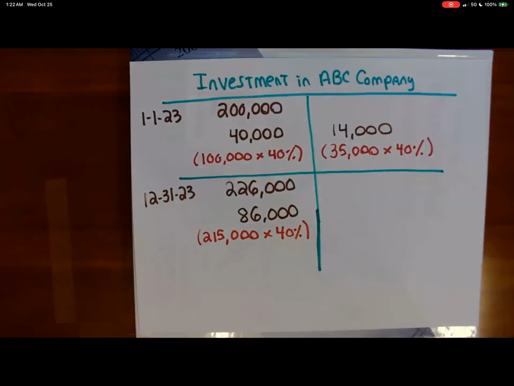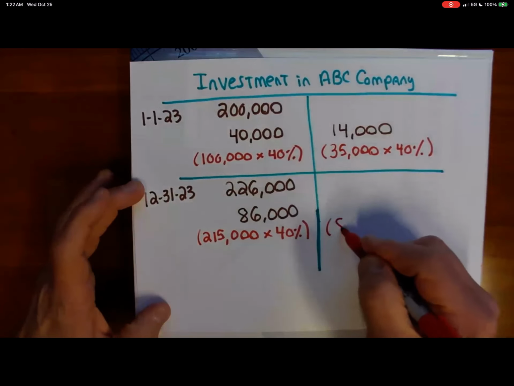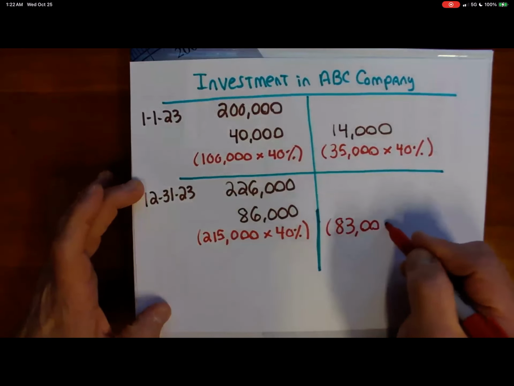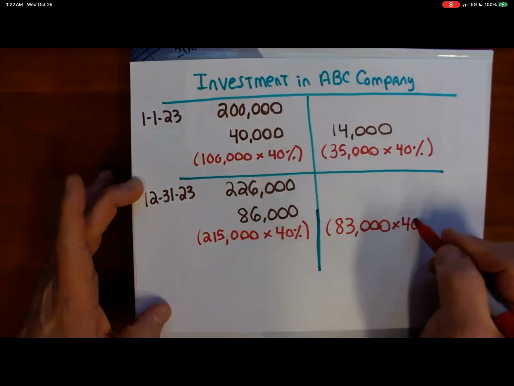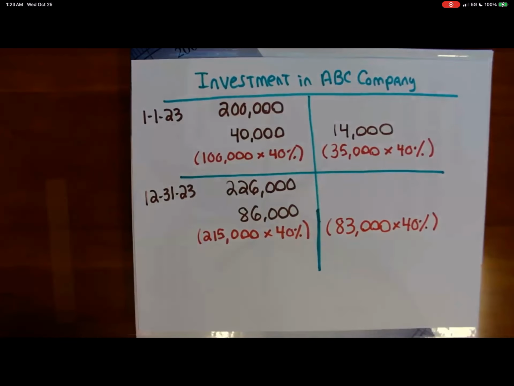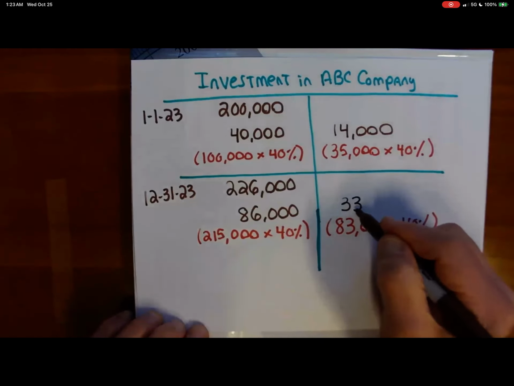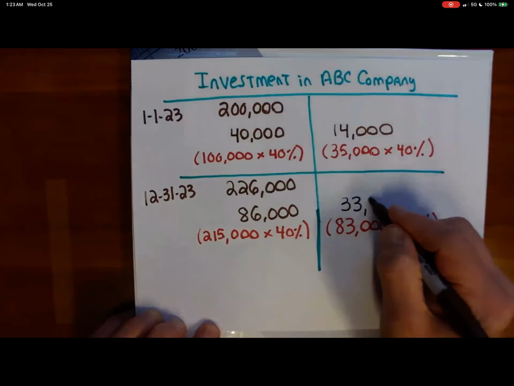Decrease the investment by the dividends they paid to us. They paid total dividends of $83,000, 40% of which would have been paid to Larian Technologies. So we'll decrease by $33,200.